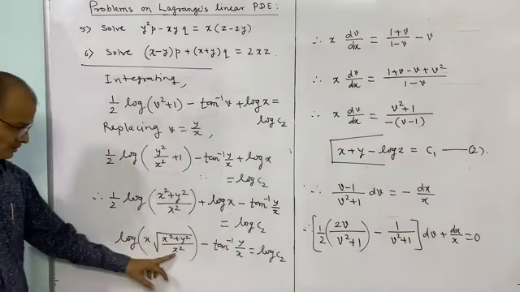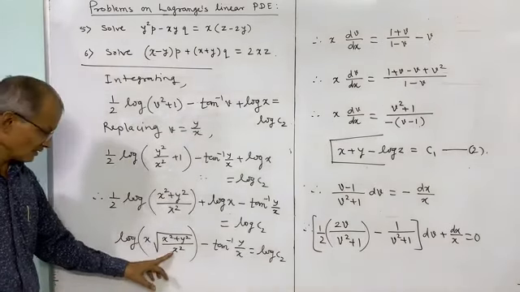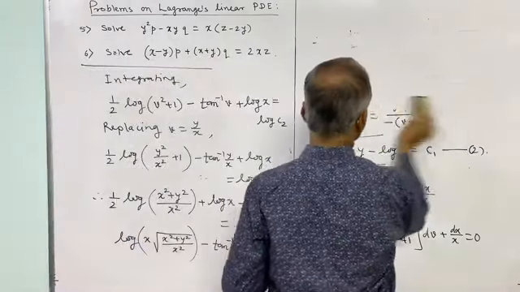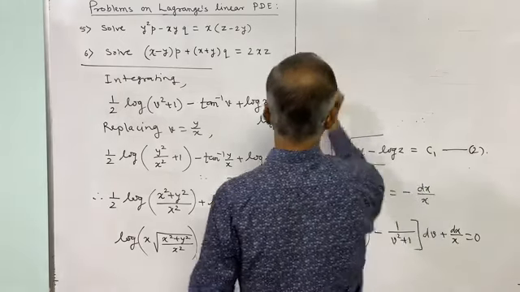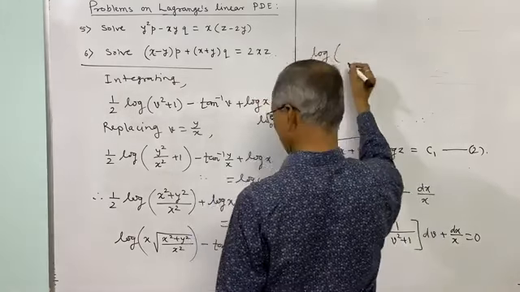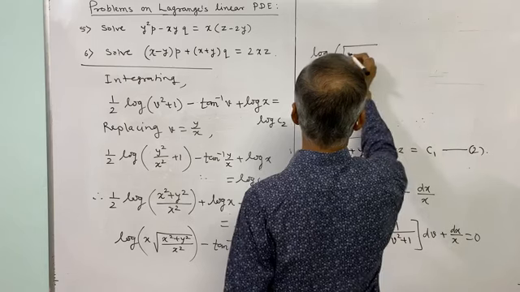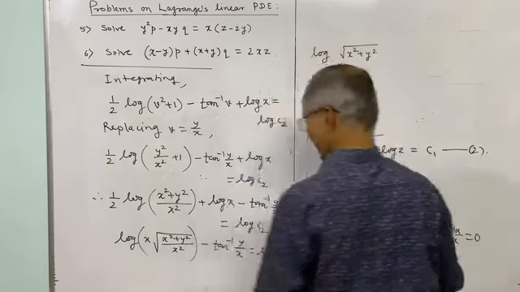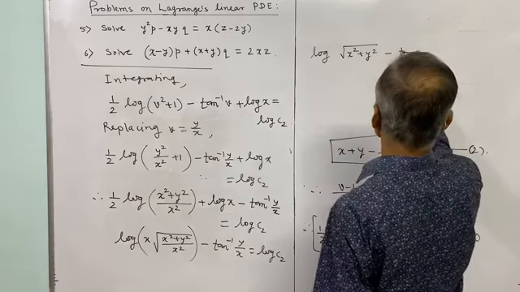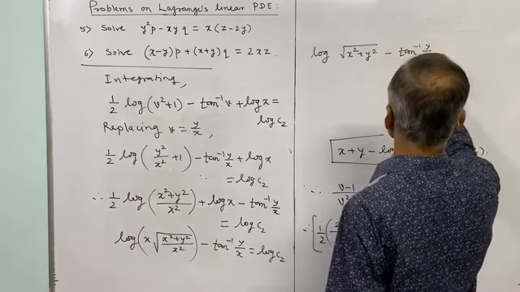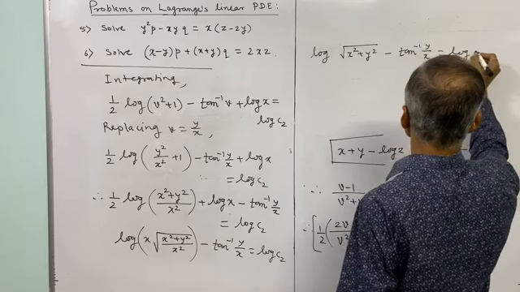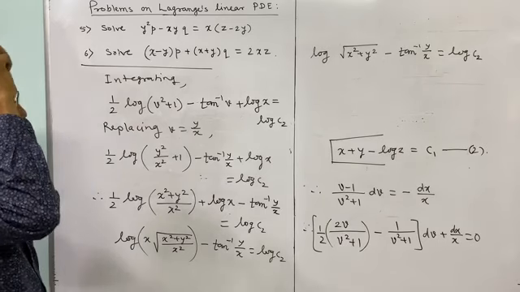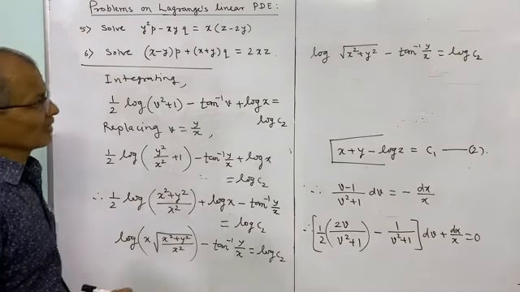Or we may observe this root of x square is x, this x cancels with this, and it is log of under root x square plus y square minus tan inverse of y upon x is equal to log of c2. Or that can simply be taken as c2, and that will be our second solution.